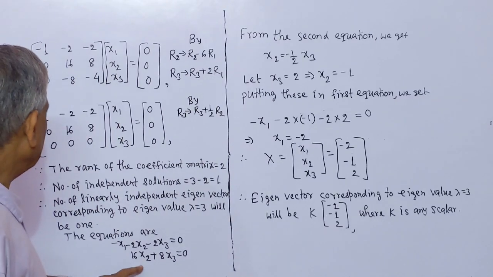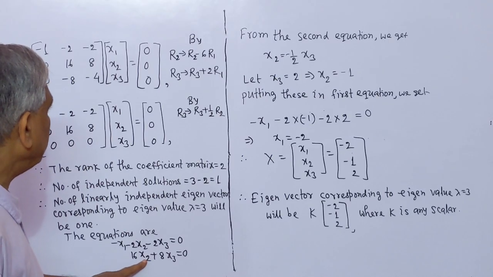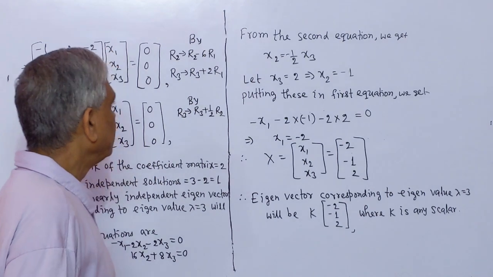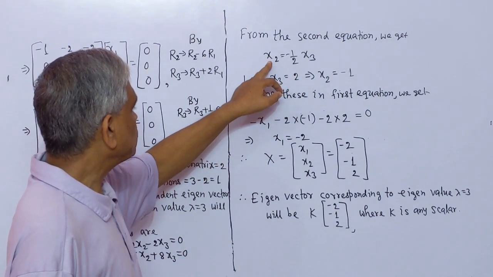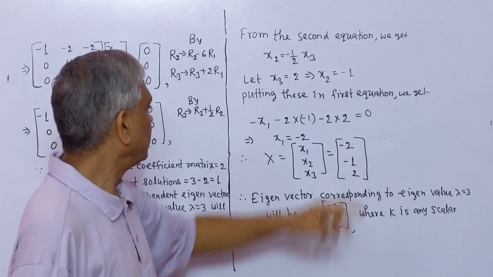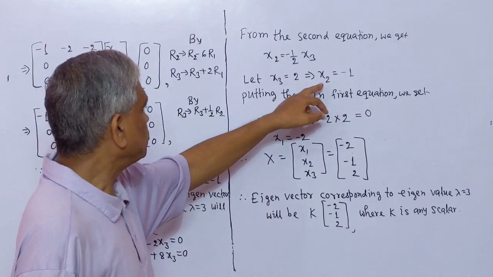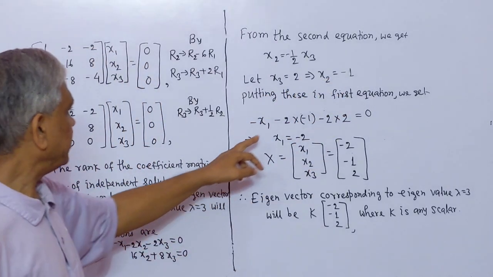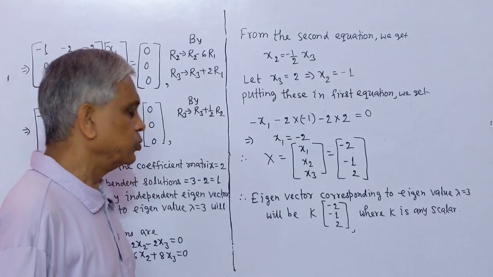Here from second equation we get x2 equal to minus half x3. Let x3 equal to 2, then x2 equal to minus half multiply 2 means minus 1. Putting x3 equal to 2, x2 equal to minus 1 in first equation, we get x1 equal to minus 2.